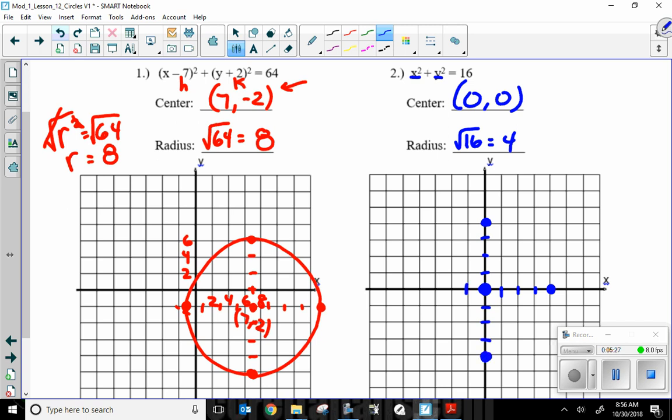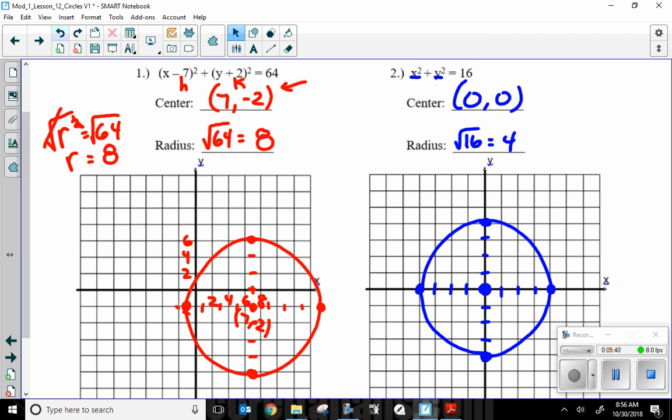And 4 to the left: 1, 2, 3, 4. And I connect these in the fashion of a circle. Bam, that's perfect. Radius 4, center at the origin. Not too bad.